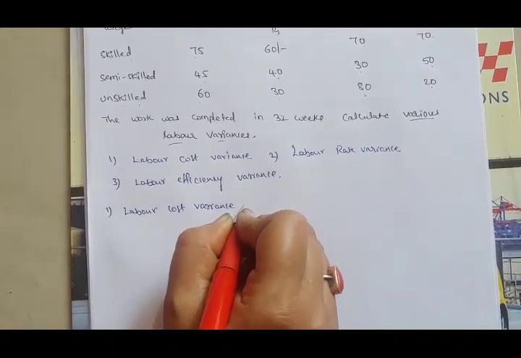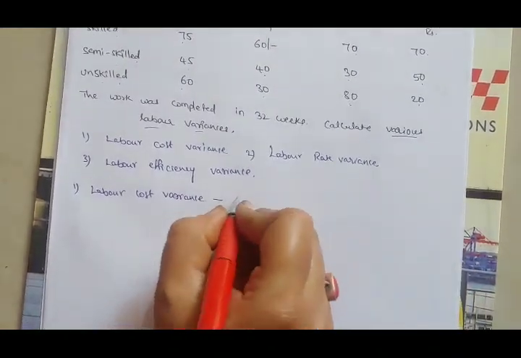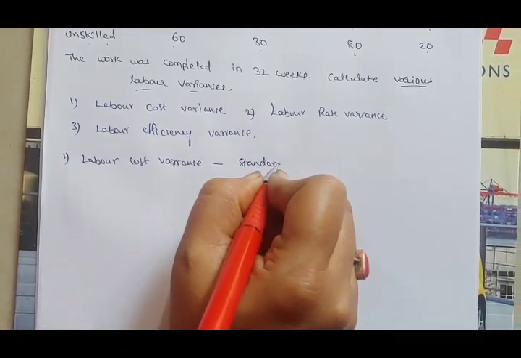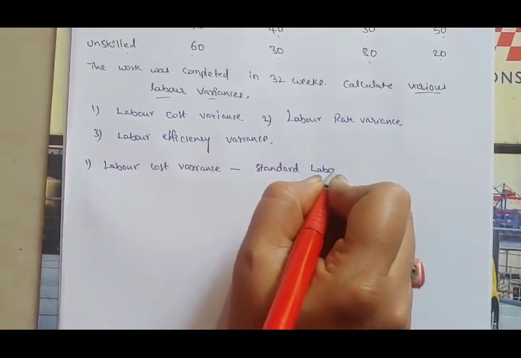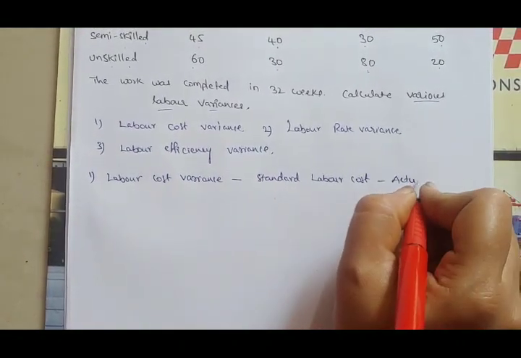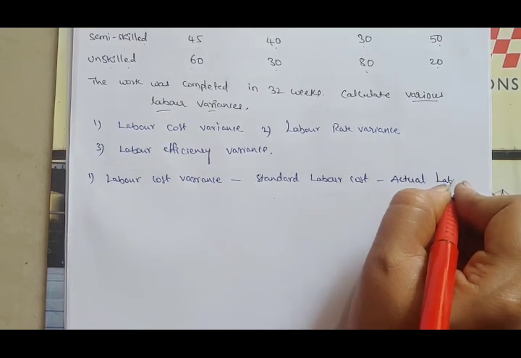Labor cost variance is equal to standard labor cost minus actual labor cost.